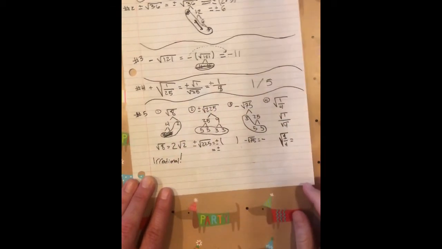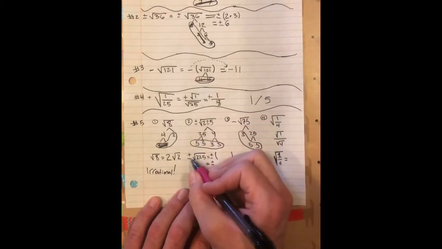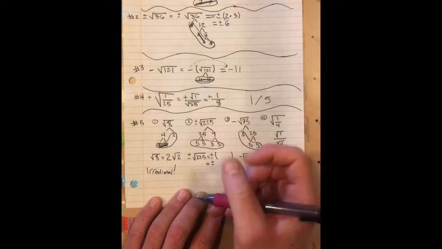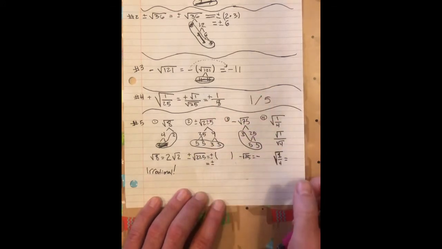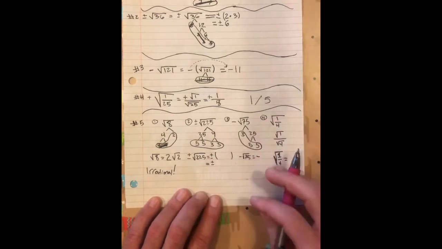Exclamation mark, because we mean business. All right. Does plus or minus matter for rational versus irrational? No. I'm just rewriting it so you guys can get practice in seeing what it looks like. However, it does not matter in this specific problem.